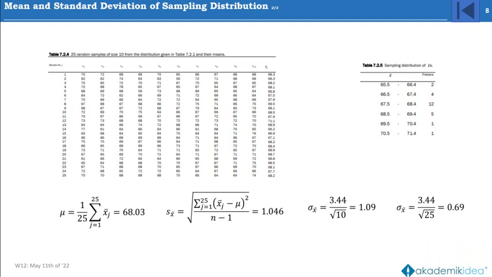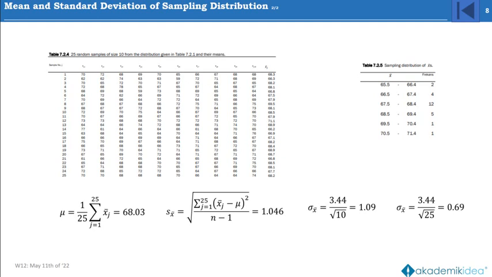Had we begun our experiment with samples of, say, 25 observations, the standard deviation of our experimental sampling distribution should have been close to 0.69.